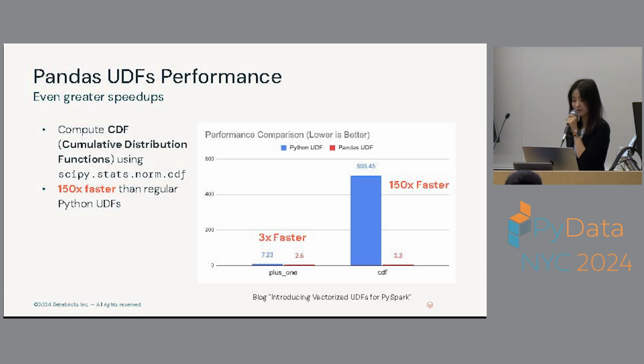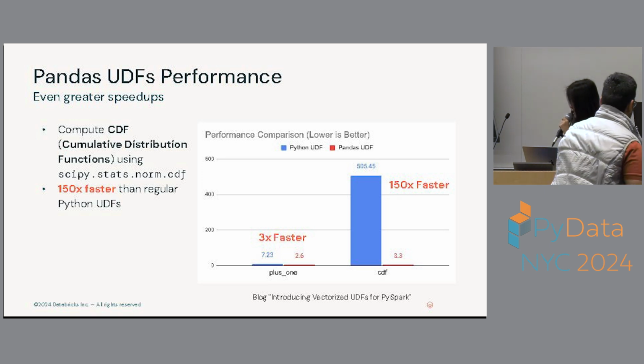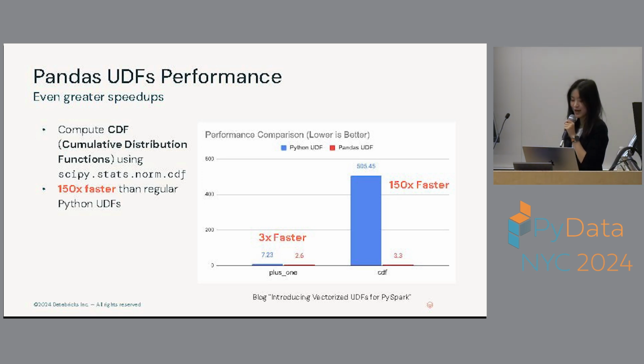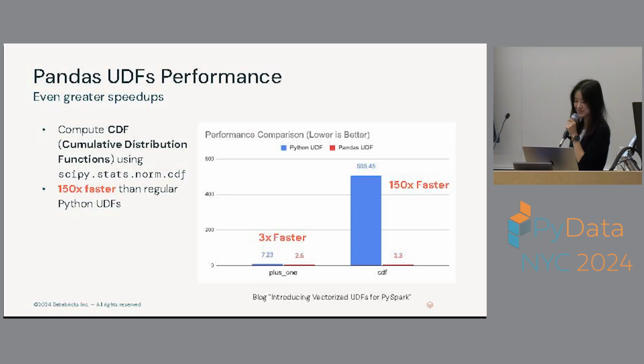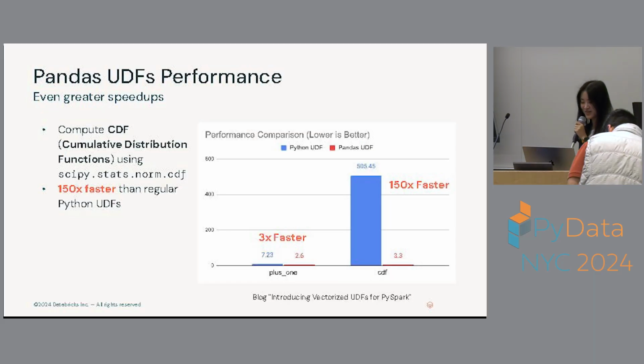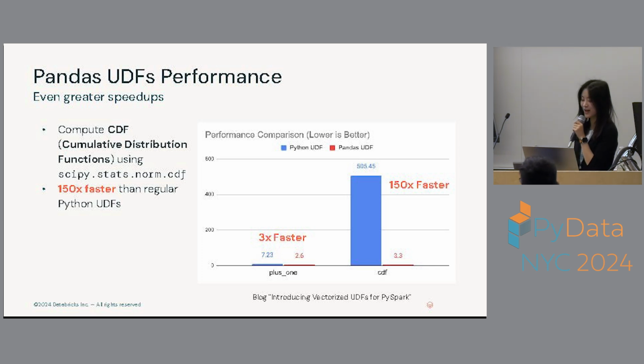Pandas UDFs are about 150 times faster than Python UDFs. This is because the SciPy library can take full advantage of vectorization, making the calculation much faster. So for certain computations, pandas UDFs can be significantly more performant than Python UDFs.